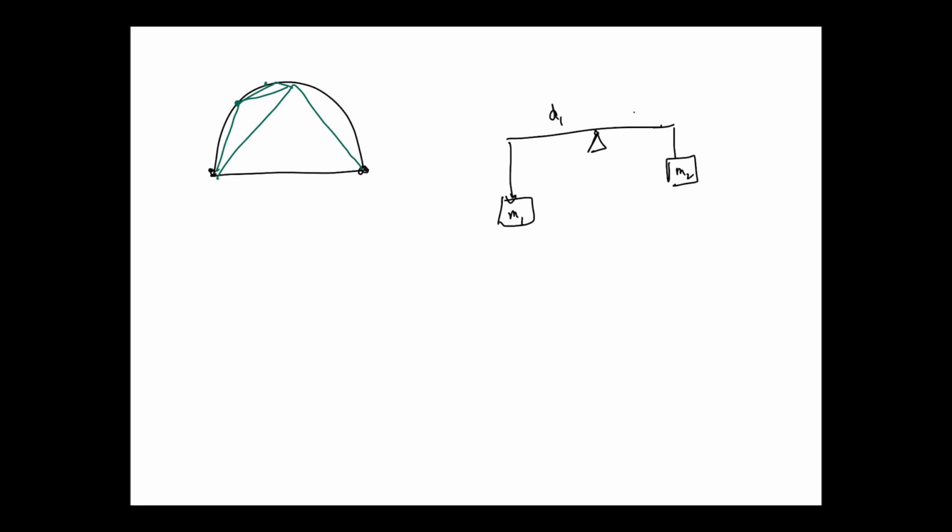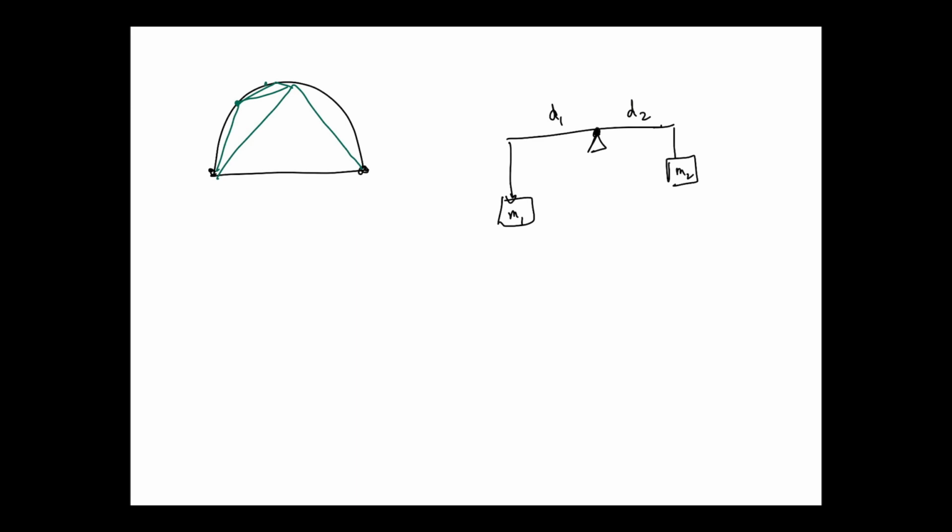and they're, say, at distances from this middle point, D1 and D2, under what circumstances does the balance balance? If they're two unequal weights and possibly also two unequal distances, then under what circumstance does it balance?